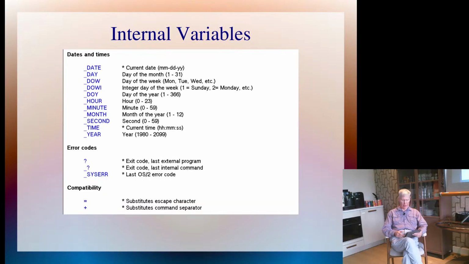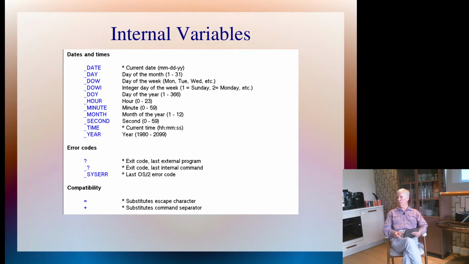And then all the different date information. You can get the day of the week, the day, what month it is. You get your time. All these different things, and then you can actually get error codes.